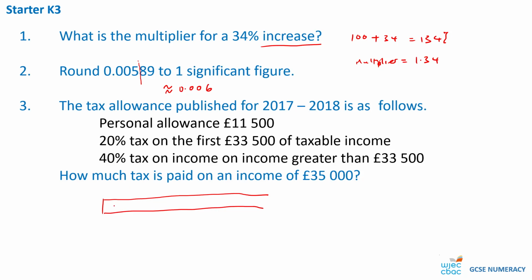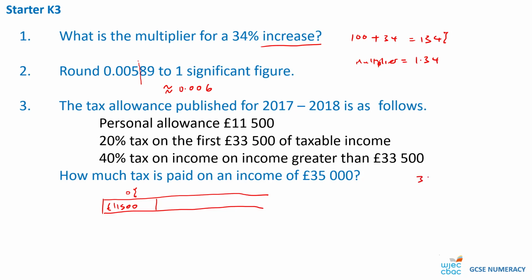So personal allowance 11,500, and that's tax free, so that's at 0%. And then we're going up to 35,000, and the first 33,500 of taxable income is at 20%, but we won't be getting up to that amount.